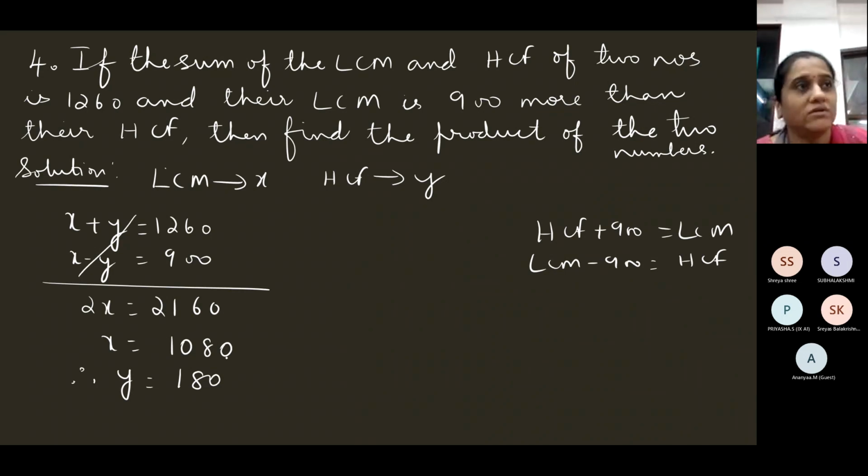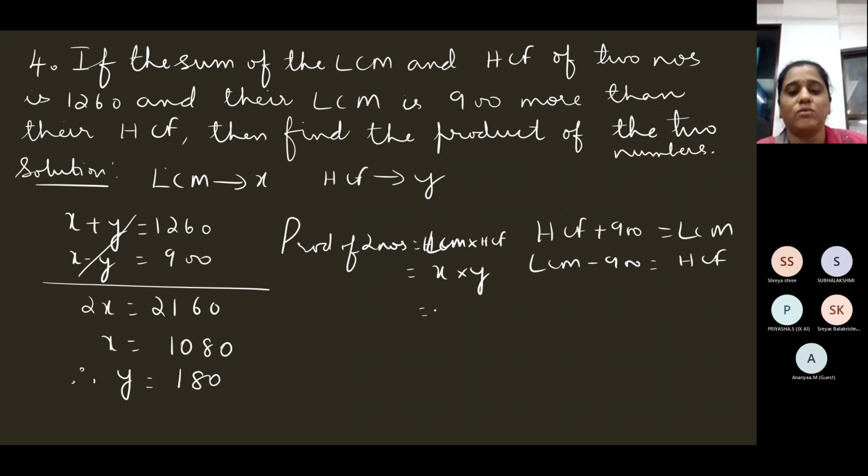LCM and HCF. Now how do you find the product of the two numbers? Product of the two numbers is equal to LCM into HCF. LCM is X, HCF is Y. So 1080 into 180, which is equal to 1,94,400.